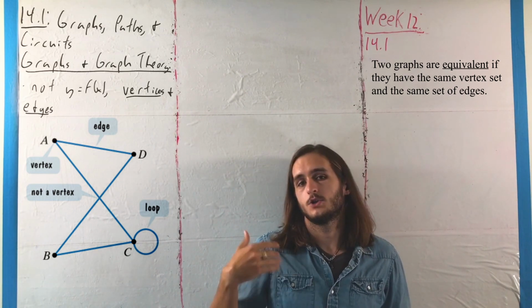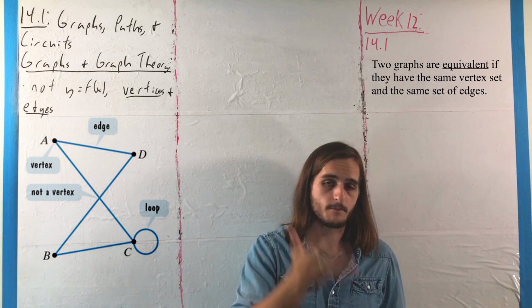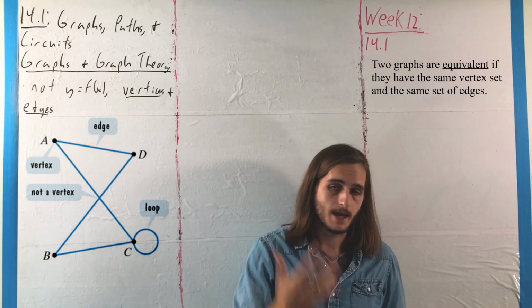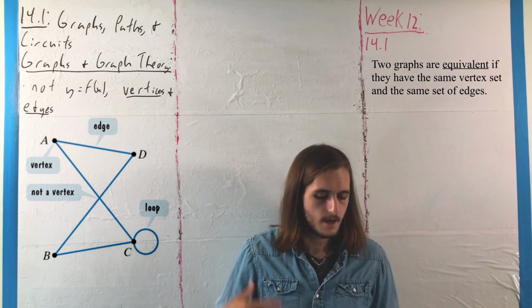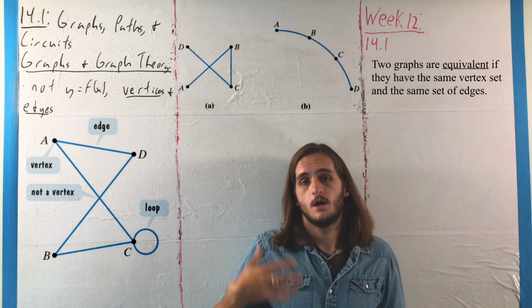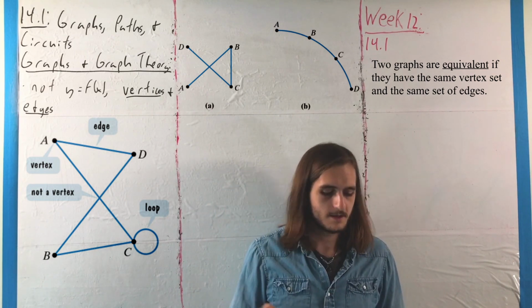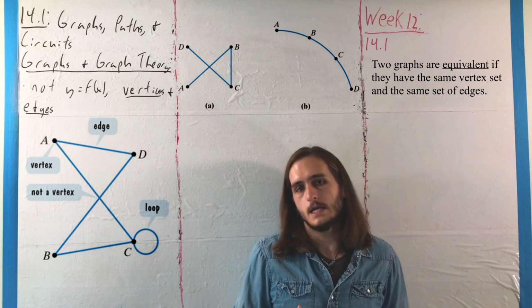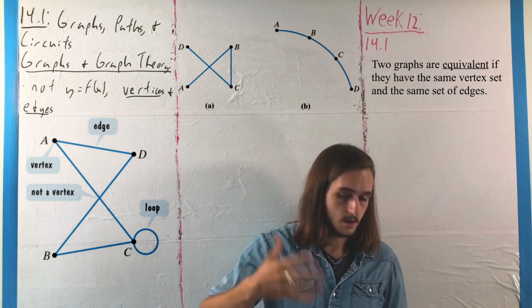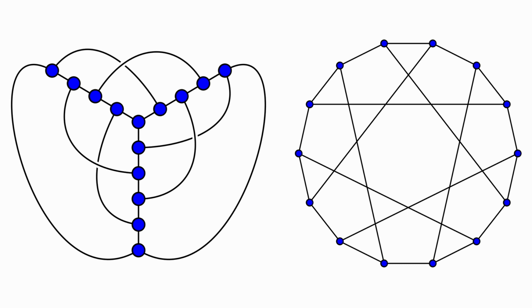So, if we have two graphs with the same number of points connected with the same edges, it doesn't matter how we draw them. Things like this up here will be equivalent because one is just the other pretzeled a little bit, and there's a little bit spun around like a twist tie in there. Or if we think a little bit more detailed, with a little bit more points and lines, even two like this that look very different at first sight are still representing the same connections, so we call them equivalent graphs.